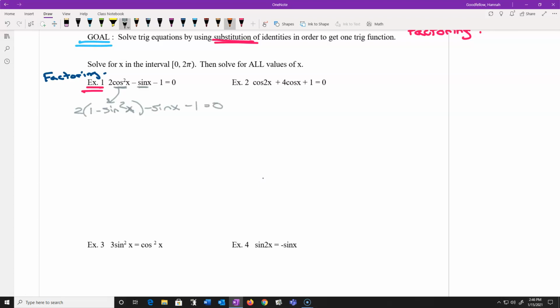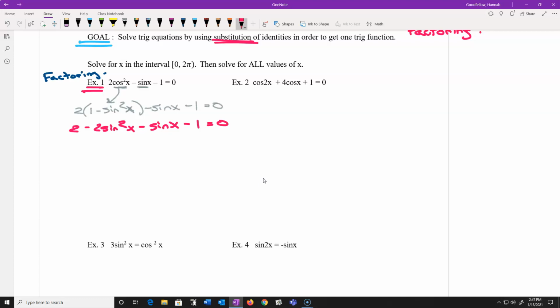Now, that is the biggest note here, that if you're going to use any kinds of factoring techniques or any of these kinds of techniques, you're going to want to have the same kind of function relationship. You can't solve it any other way. Now, distribution here would lead us to 2 minus 2 sine squared x minus sine x minus 1 is equal to 0. We're just going to combine some like terms.